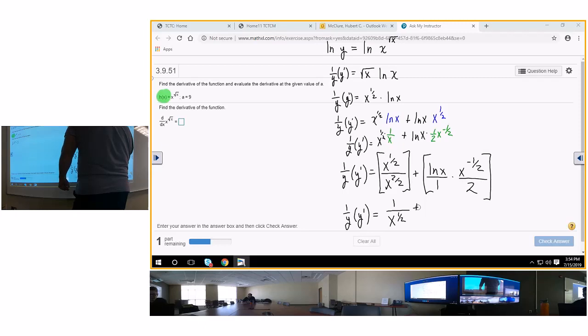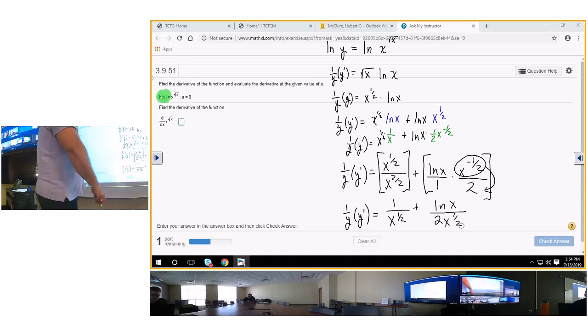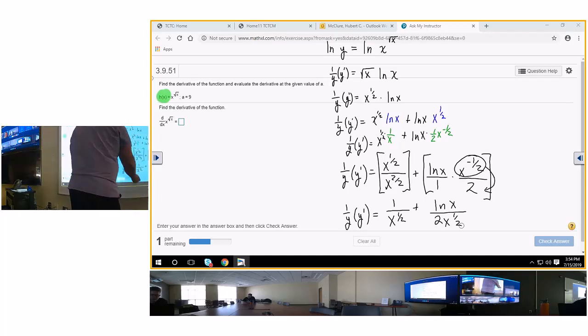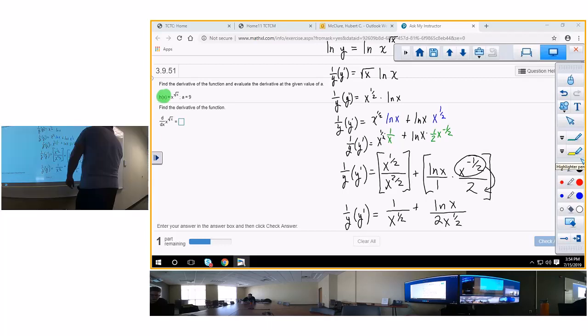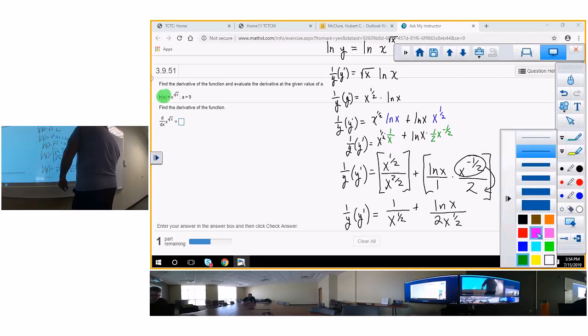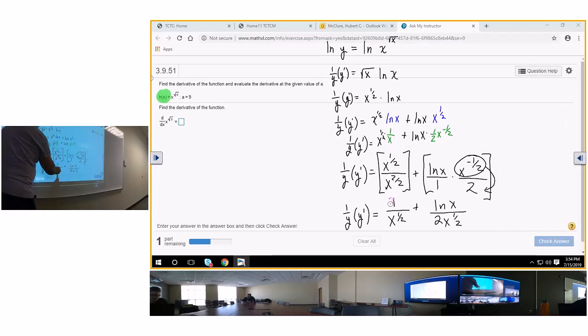Natural log of x, that's going to come downstairs, and that's going to be natural log of x over 2x to the what? 1/2. So I'm going to change this to 2. Let me take my handy dandy magenta and we're getting a common what? Denominator, and that's going to make this a 2 and this a 2.